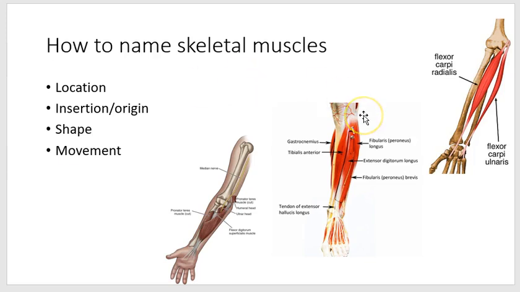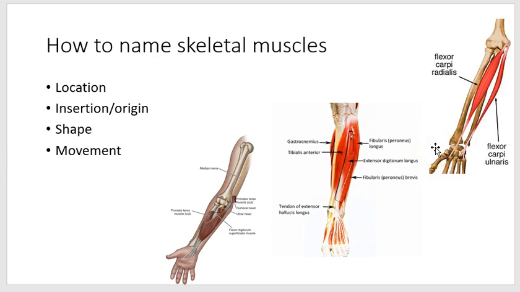So here we can see extensor digitorum longus. Extensor, it's going to extend the digits, digitorum, and it's long. So it's telling you what it looks like and what it does. Here you have flexor carpi radialis. Flexor, so it's going to flex carpi, talking about your carpal bones.